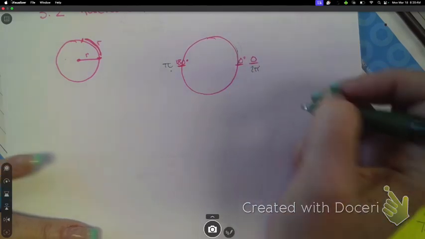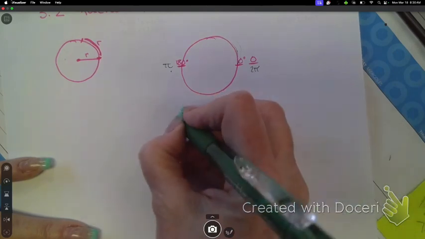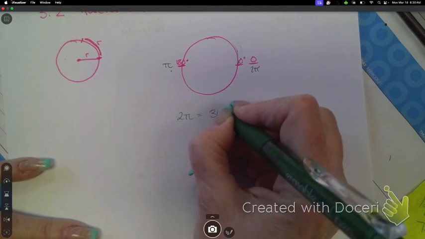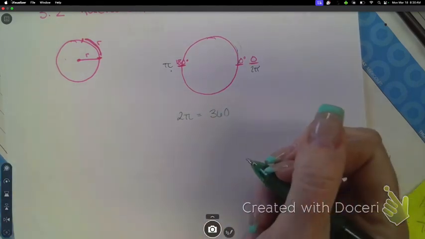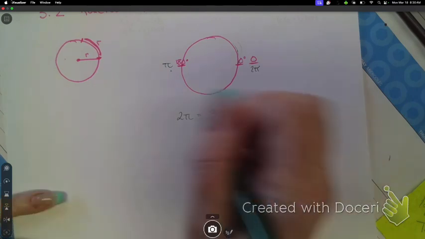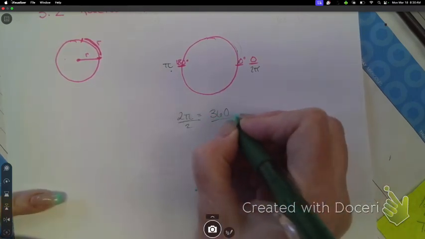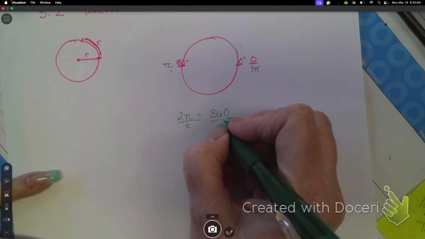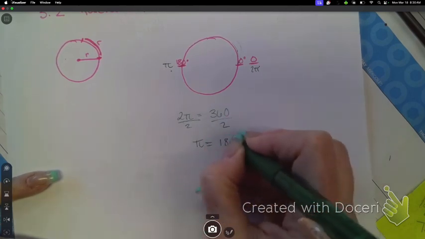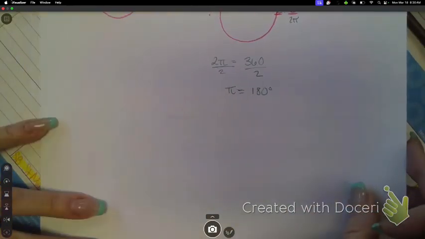So 2 pi equals 360. When we divide by 2, because we don't want 2 in there, pi equals 180. So that actually gives us our conversion factor.